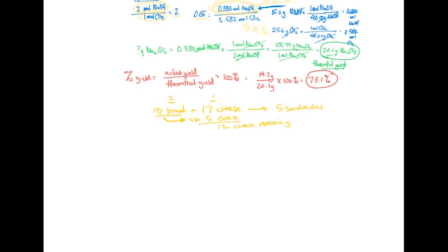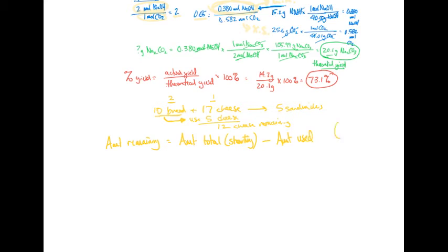Let's put this in a little more tangible terms. So you can think of it this way. The amount remaining is equal to the amount total, or maybe starting amount, if you want to call it that way, minus the amount used, and that will give you the amount remaining.